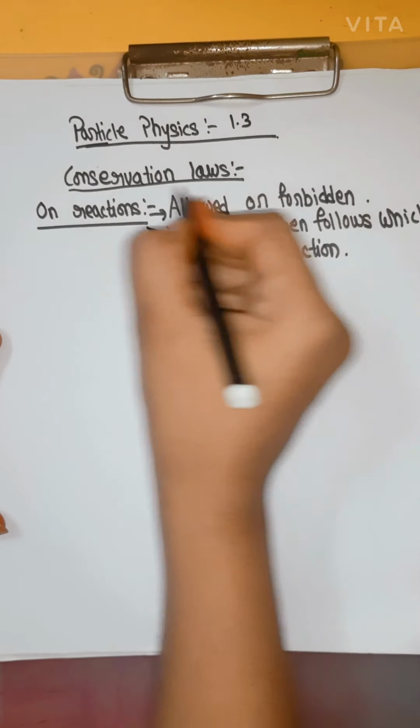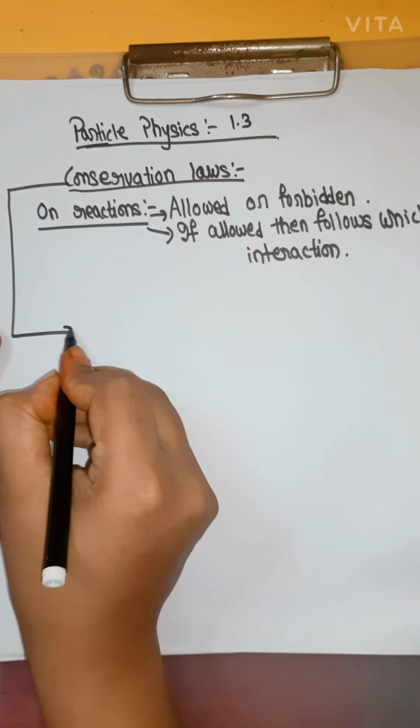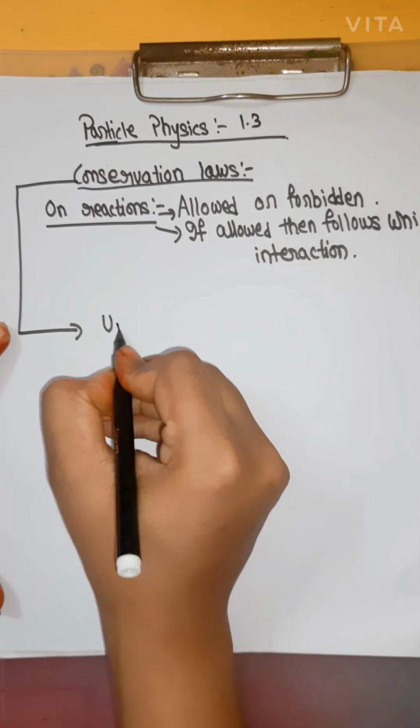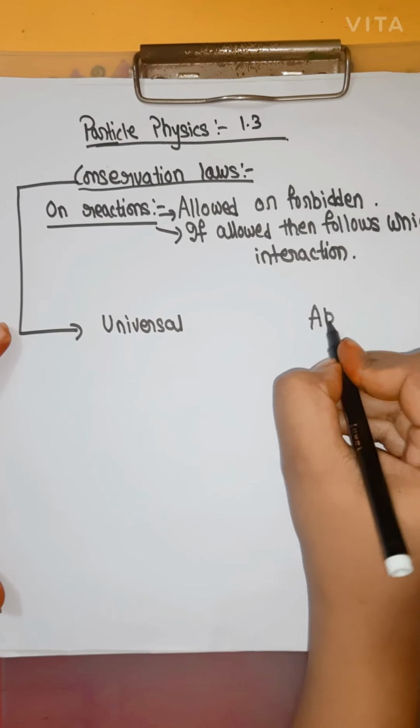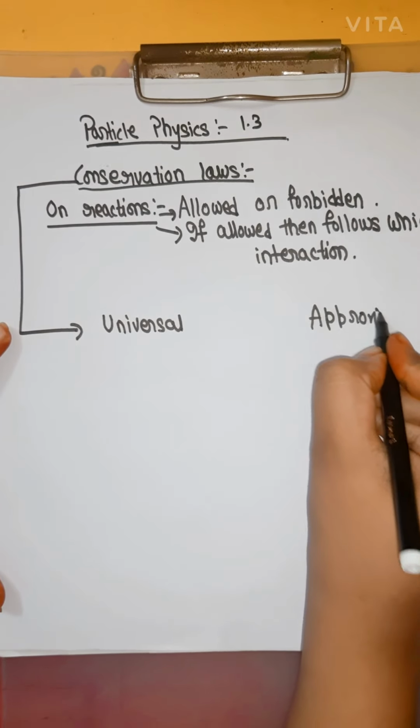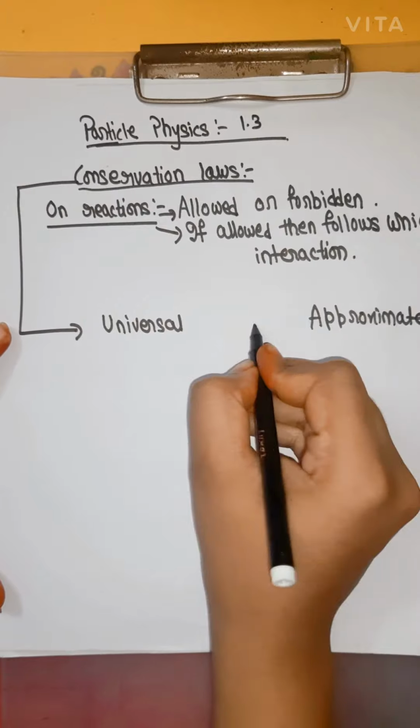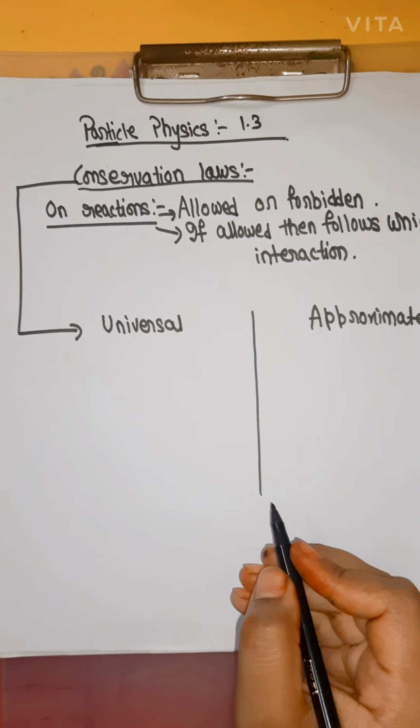Conservation laws can be divided into universal conservation laws and approximate conservation laws. You must be wondering what is universal and what is approximate.